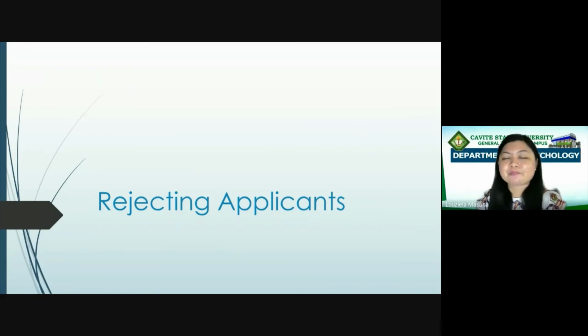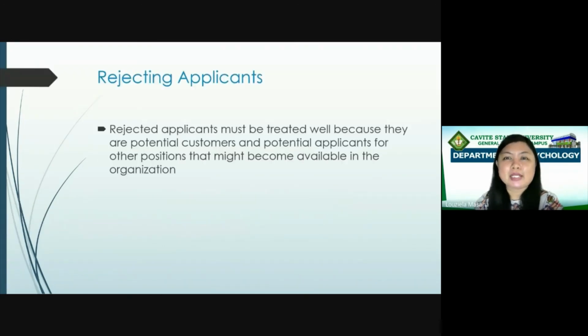Now, it's not just about selection. There are times that we need to reject applicants. And isa ito sa bagay na kailangang pag-aralan. Let's say you want to venture on IO setting or human resource. How will you reject applicants?